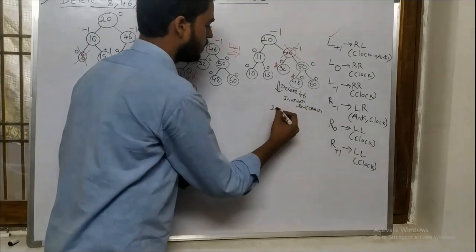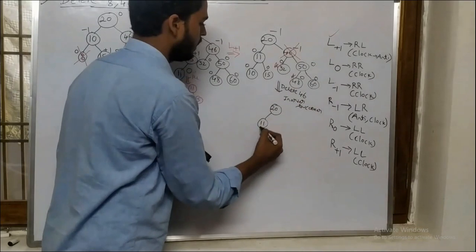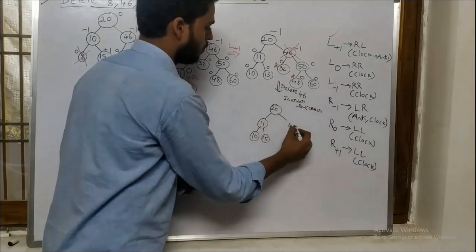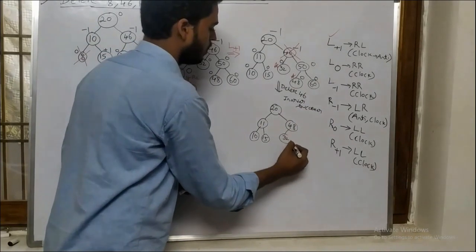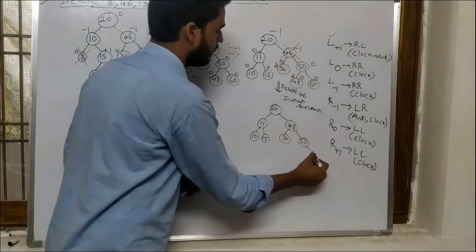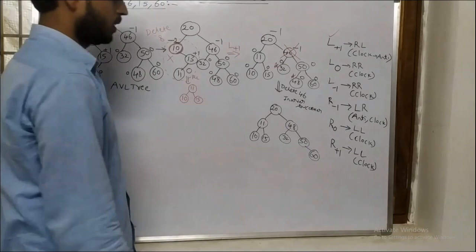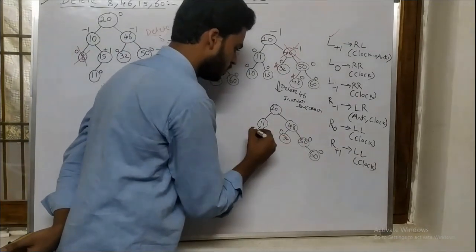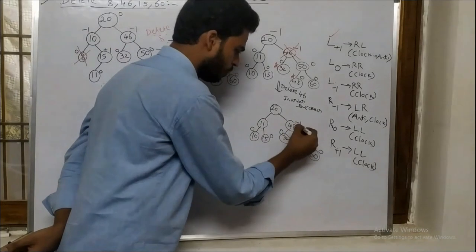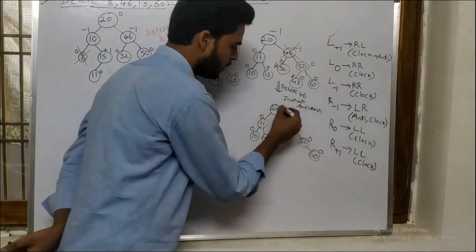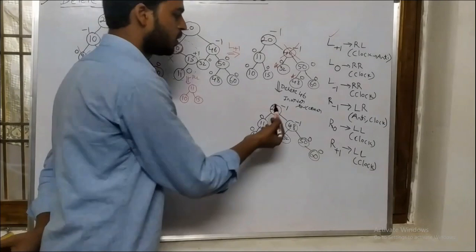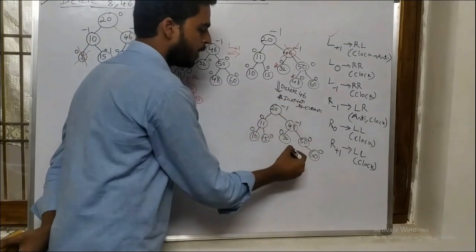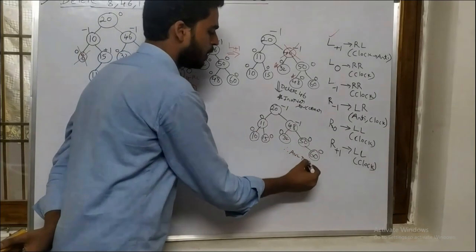If I take the in-order successor, I will get 20, 11, 10, 15, 48, 32, 50, and 60. Now the balance factors are 0, 0, 0, 0, 0, here 1, minus 2, minus 1, 0, 2, 3, minus 1. So because of taking the in-order successor, my tree becomes an AVL tree.